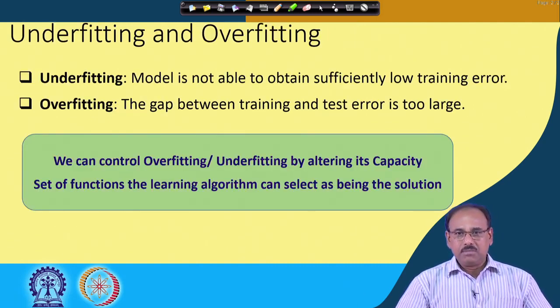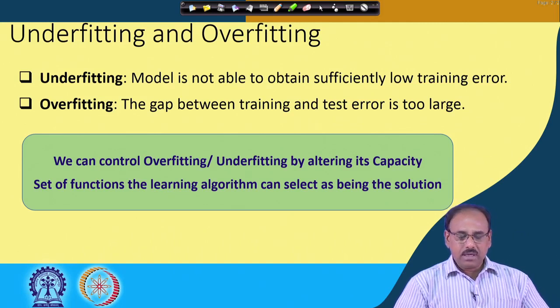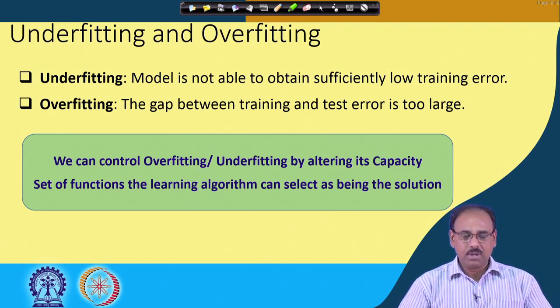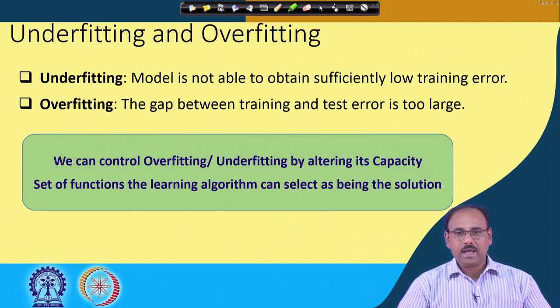Now, these assumptions and the performance measures lead to two very important, challenging problems. One of them is known as the underfitting problem, and the other one is known as the overfitting problem. So, what is the underfitting problem? Underfitting is when your model or the machine is not able to obtain sufficiently low training error.